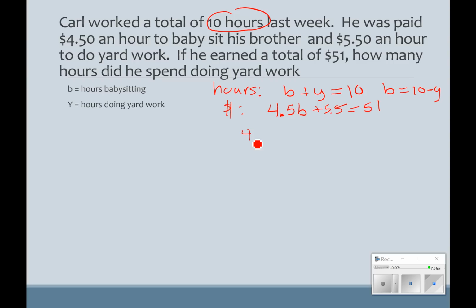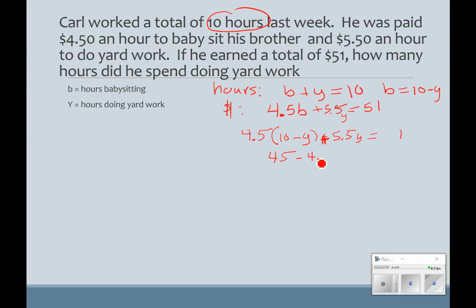So I get 4.5 times, subbing in 10 minus y, plus 5.5y equals 51.